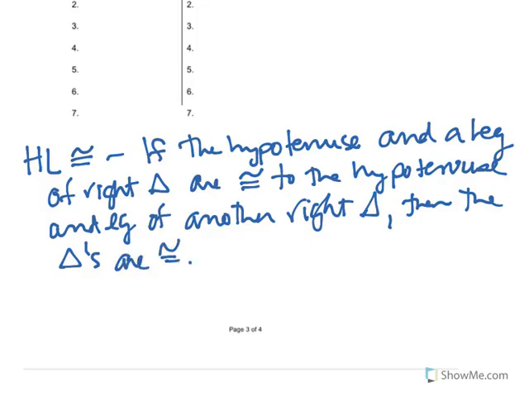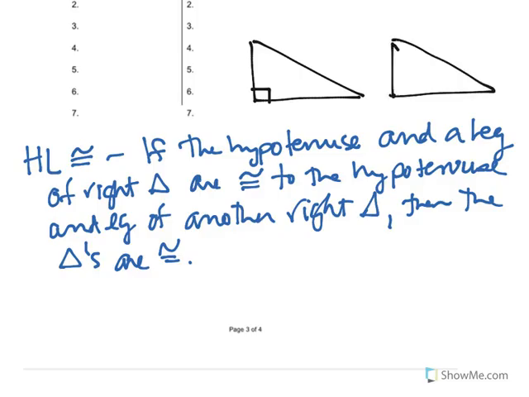Now, there's some key things that we've got to talk about here before we get into the proof. First of all, let's talk about what we mean by a right triangle. A right triangle has a right angle in it, and a leg is one of the sides that's in common with the right angle.